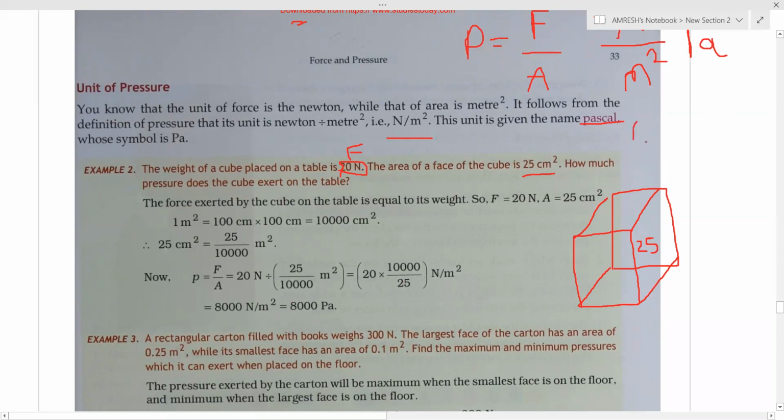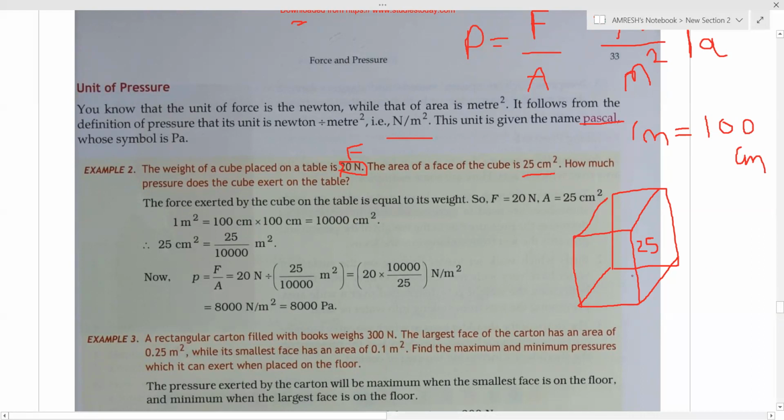You know, 1 meter is how much centimeter? 1 meter is 100 centimeter.